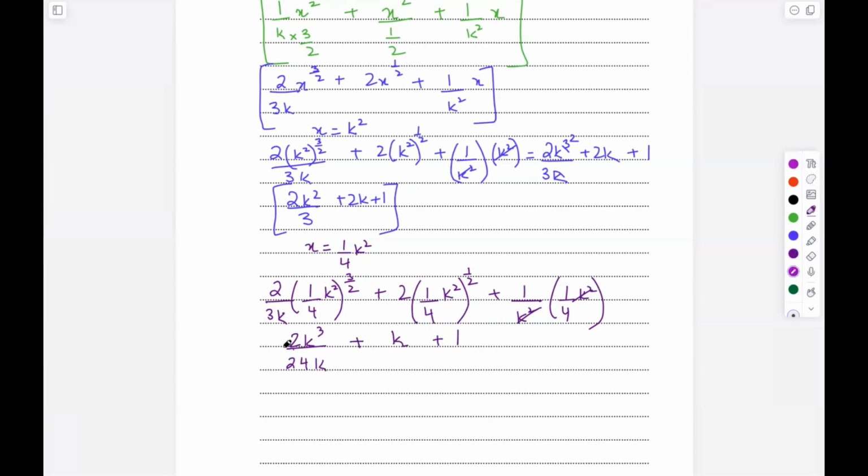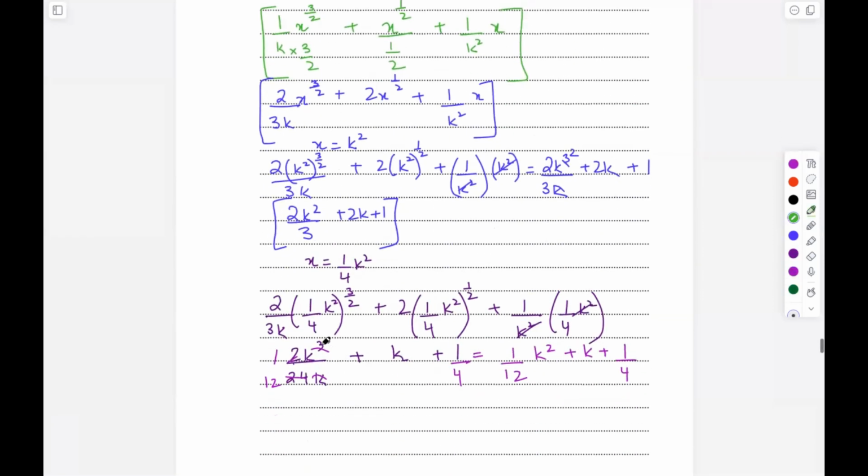So we have the value after substituting the lower limit, and we can simplify to write it as 1 upon 12, and this k will cancel. So 1 upon 12 k squared plus k plus 1 upon 4 over here. Now subtracting the two values for the upper limit and the lower limit, we can equate it to 13 upon 12.